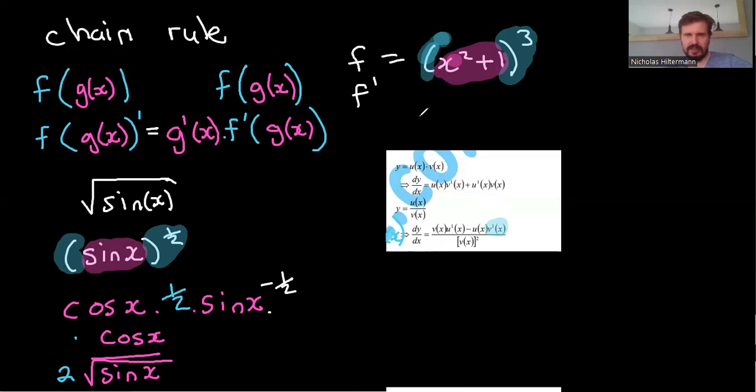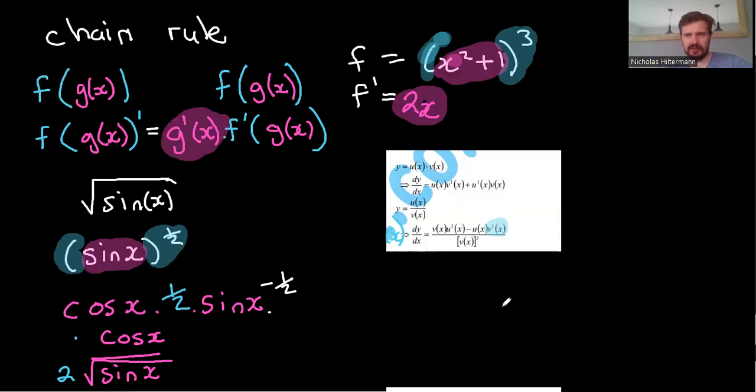Okay, so if we think inside-outside, what do I do? Find the derivative of the inside. The derivative of the inside, x squared, is 2 times x, so that's 2x. Okay, so you see I've done this bit here. Then what I do is I find the derivative of the outside.